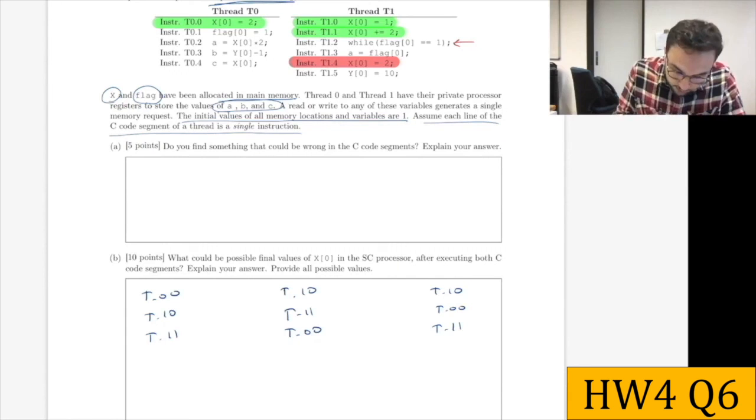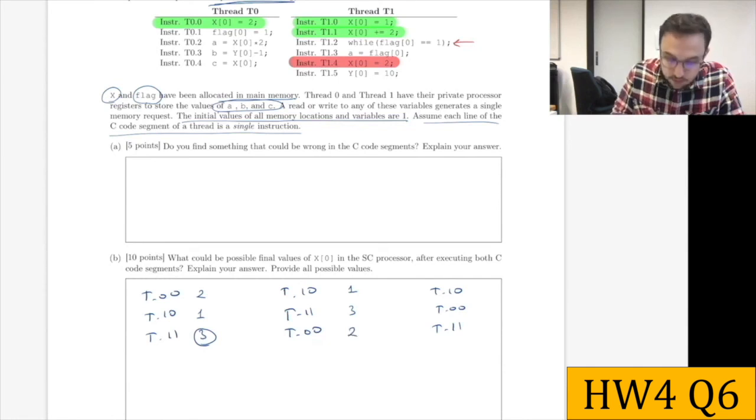Here T00 is, so X0 is 2, and then in T10 it becomes 1, and then we increment it by 2, so it becomes 3. And here we start with X equals 1, and then in T11 it increments to 3, and then in the last one we just assign the constant 2.